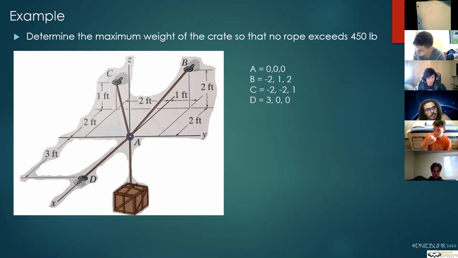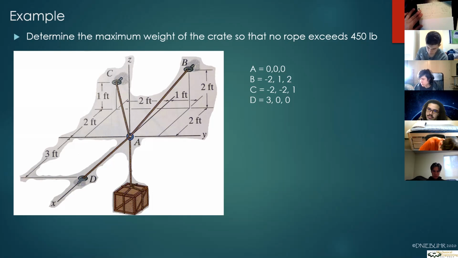What we want to figure out are the respective tensions in each one. We know it can't be more than 450, so let me back up. We want to know the maximum weight of the crate so that it does not exceed 450, but first we have to figure out what the relative tensions AD, AC, and AB are to each other. That way we can know what we're doing. Okay.